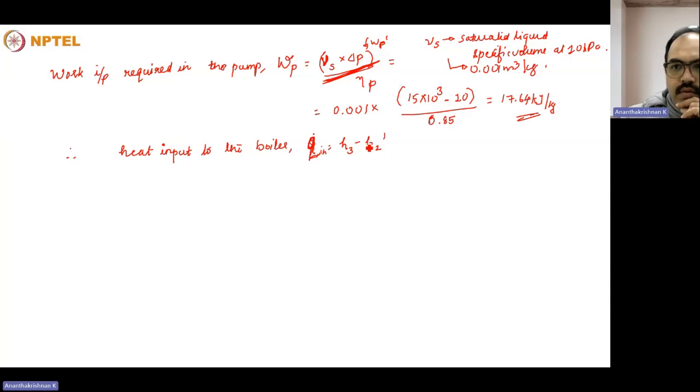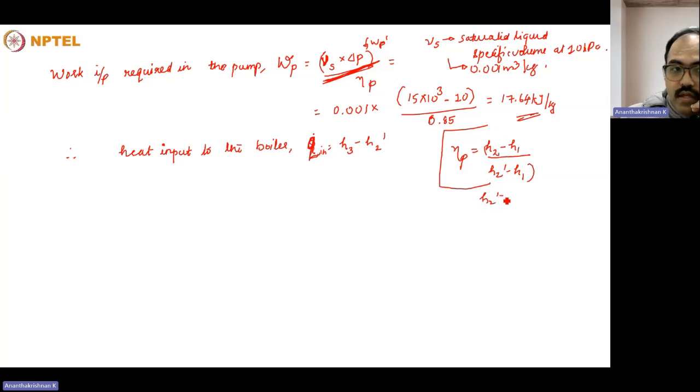That you have to calculate from the pump efficiency. So the pump isentropic efficiency is H2 minus H1, the ideal work input, divided by the actual work input, H2 dash minus H1. Using this, we can calculate the value of H2 dash.